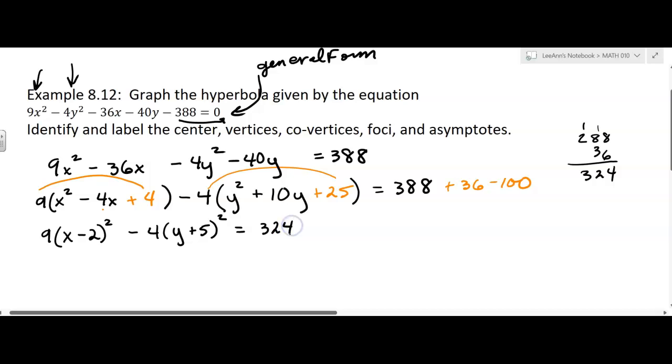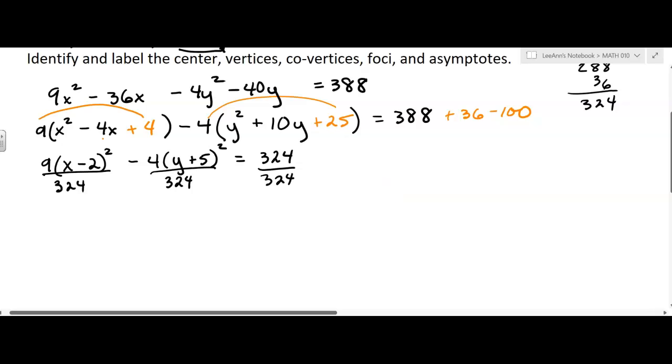Now remember, for a hyperbola, it needs to be equal to 1. So we're going to divide everything by 324. And hopefully 9 goes into 324. I'm going to use a calculator to check that out. Let's see, what do we get? 324 divided by 9. Yep, it's 36.